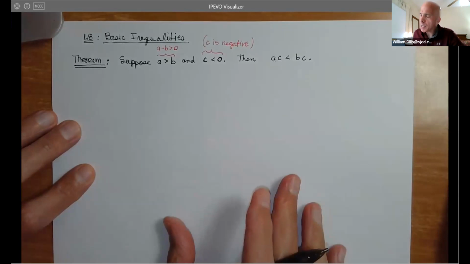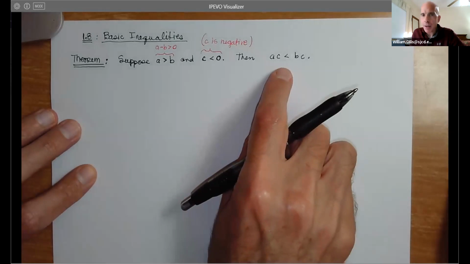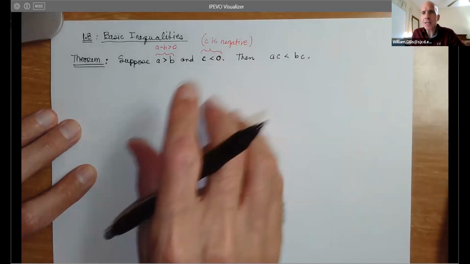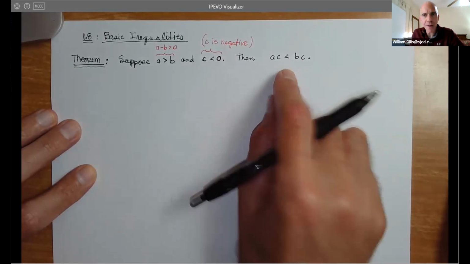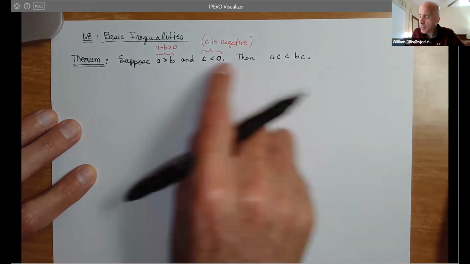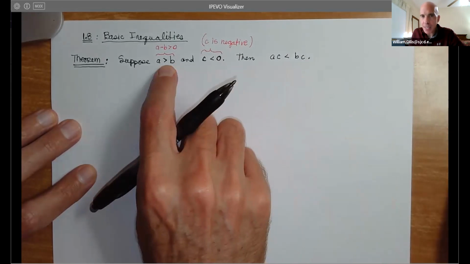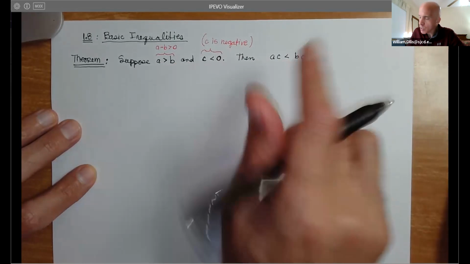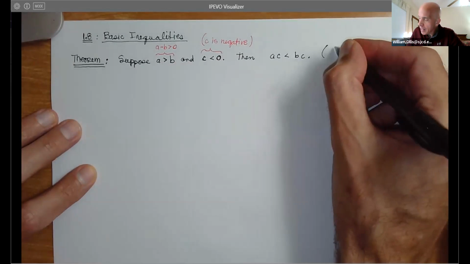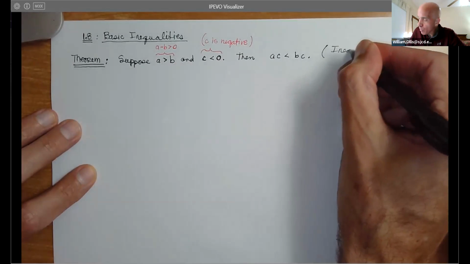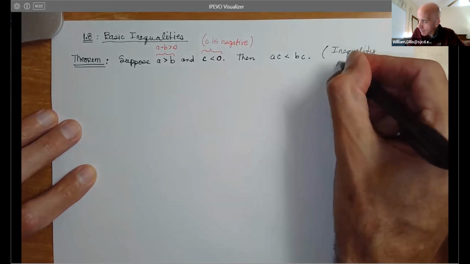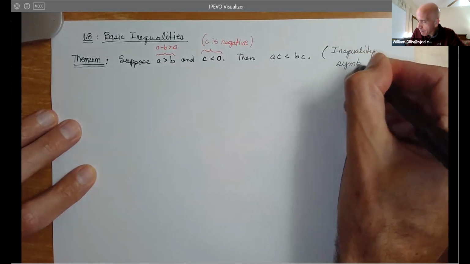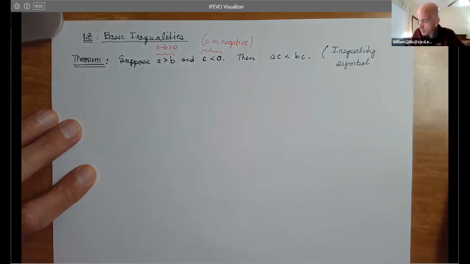Now, when you look at this, you say, I'll never forget this, Professor Ron. If I multiply by a number less than 0, divide by a number less than 0, the direction of the inequality reverses. So we'll just say the inequality symbol reverses.